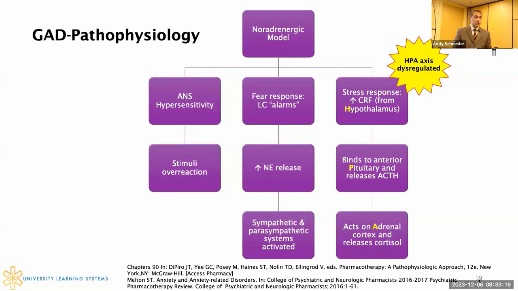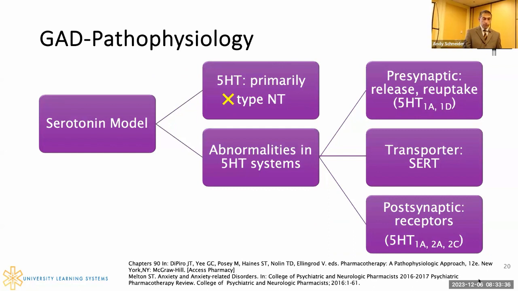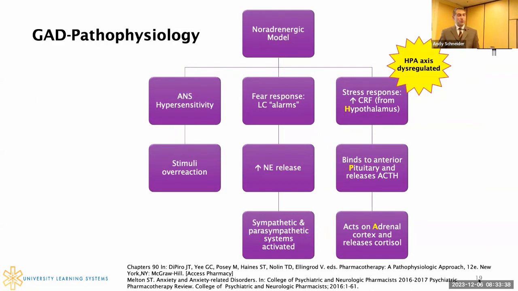So the pathophysiology involves a lot of other types of systems, a little bit more than just depression. But overall, what I like to remind people is that there is a dysregulation of your hypothalamus, pituitary, and the adrenal cortex. So your HPA axis is dysregulated. Of course, you have other systems where you have impairments of your dopamine and norepinephrine function.